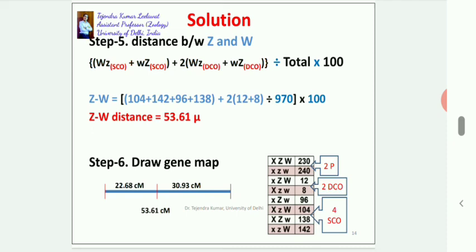Then divide by 970 and multiply with 100, and this result is 53.61.